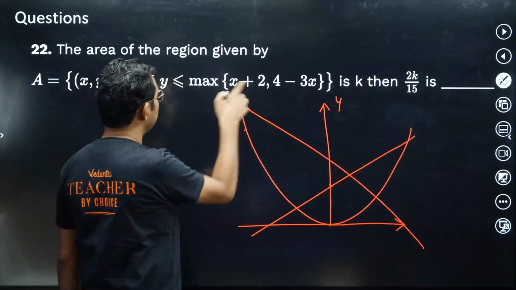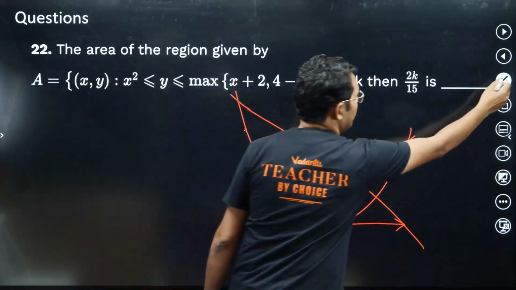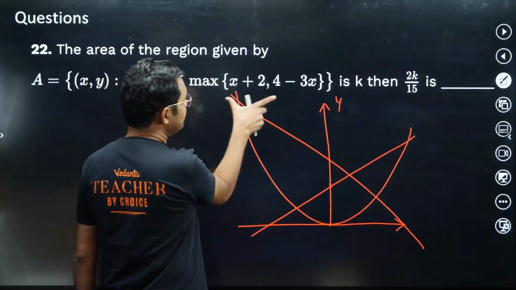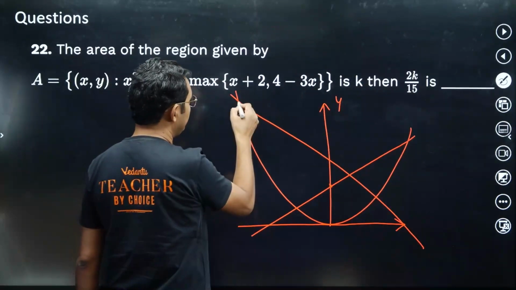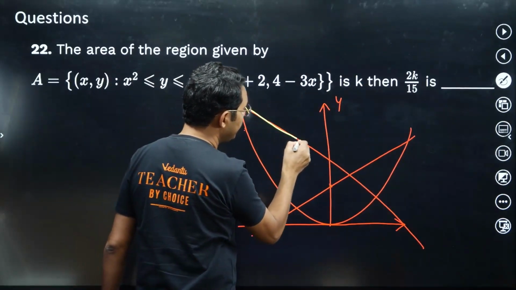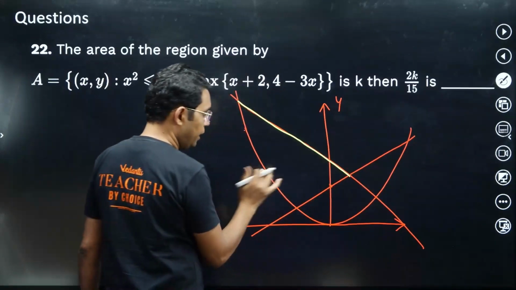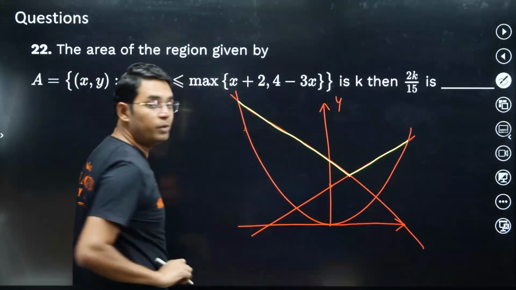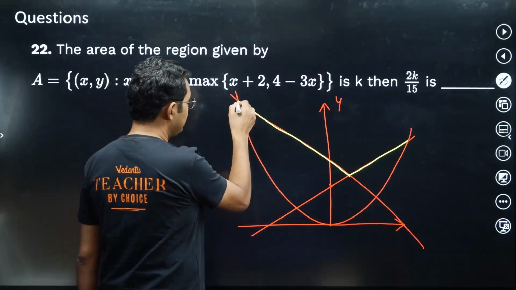Okay, so these two lines and this parabola will look something like this, but they are saying maximum of these two things. So the maximum of these two means I need to take this straight line up to this point, and after this point the other line, that is x plus 2, should be taken. Okay, and this is the parabola here.